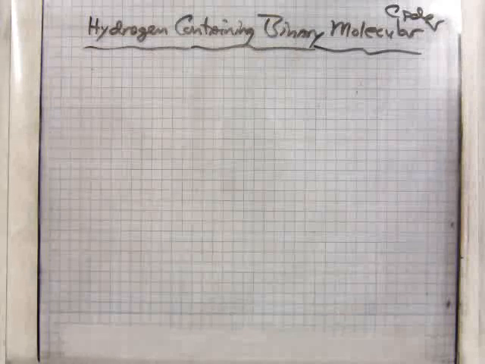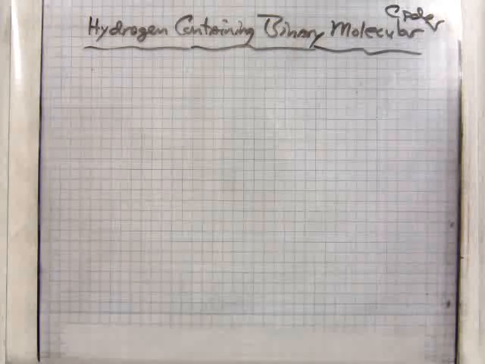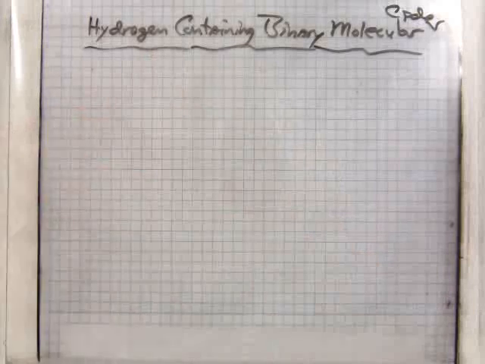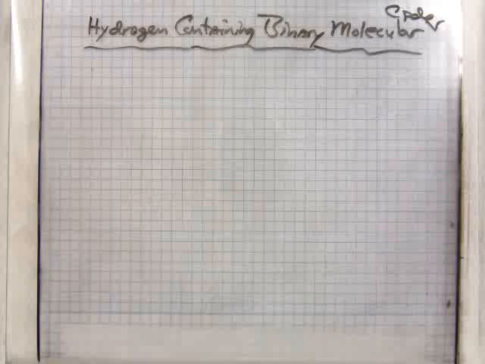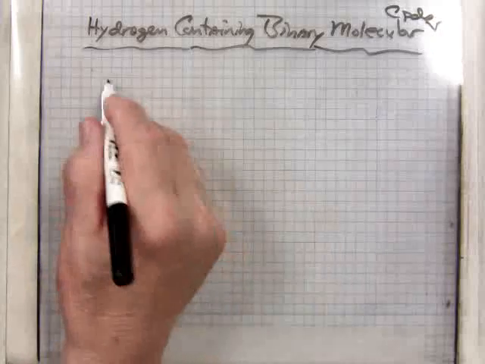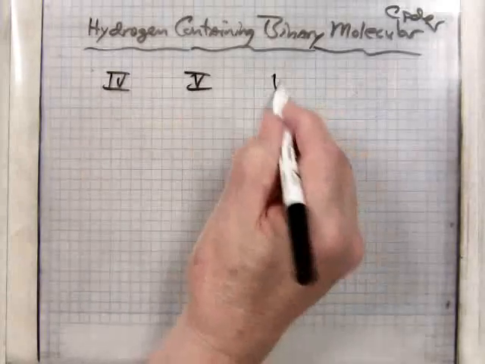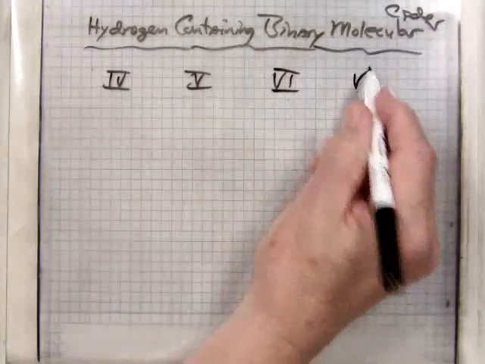So these are hydrogen containing binary molecular compounds, and to identify these I want to kind of make a periodic table of sorts. We're going to start with group 4, then 5, 6, and group 7.